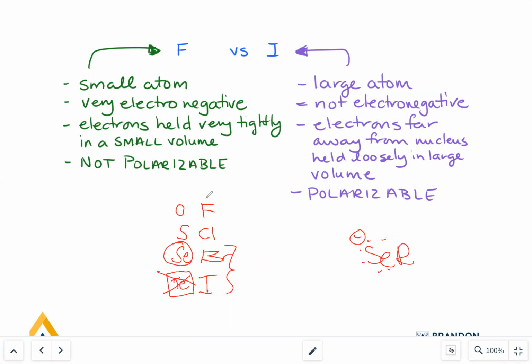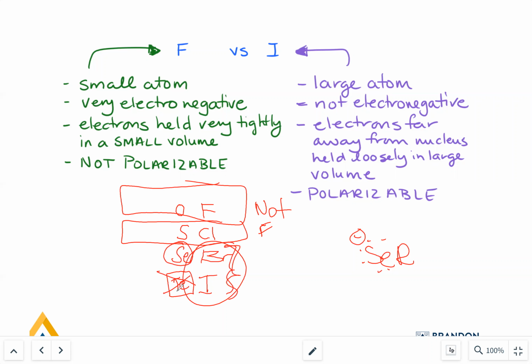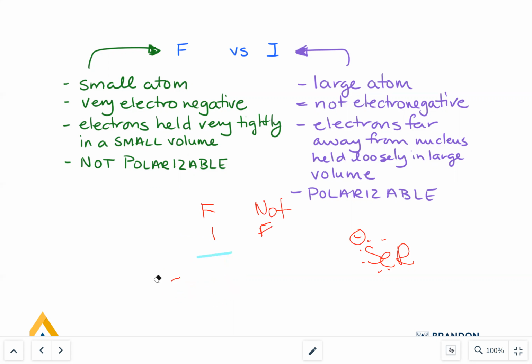When it's going left to right, all of these atoms on this row, and maybe even this row, are not polarizable. These are far less. So it's only really these guys which we have to ever worry about. It's only basically bromine and iodine which we need to compare to the rest of the stuff.